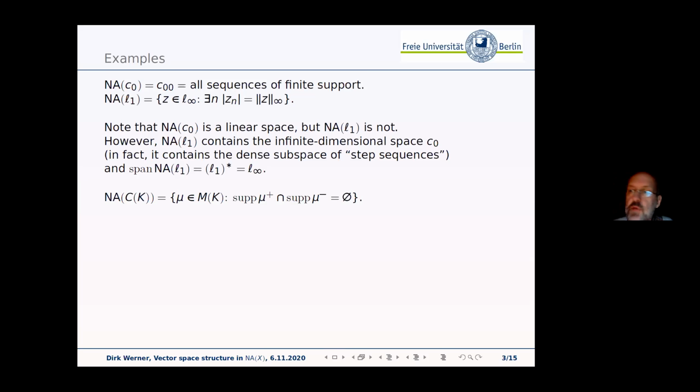So here are the corresponding examples in the case of function spaces. For the space of continuous functions, you can characterize the measures that give rise to norm-attaining functionals by this condition, that the supports are separated, as it were. And for the function space capital L1 on 0, 1 or any old other measure, it's again those L infinity functions that peak, meaning that they attain the sup norm, the essential sup norm, on a set of positive measure.